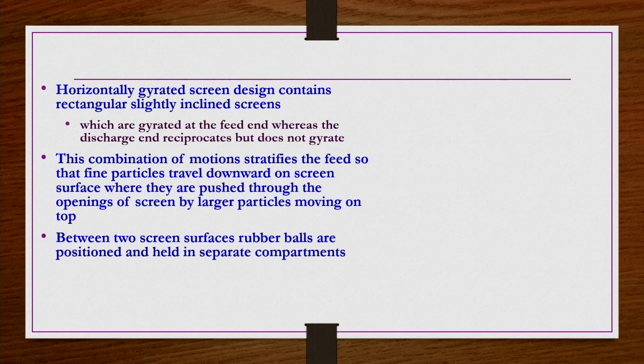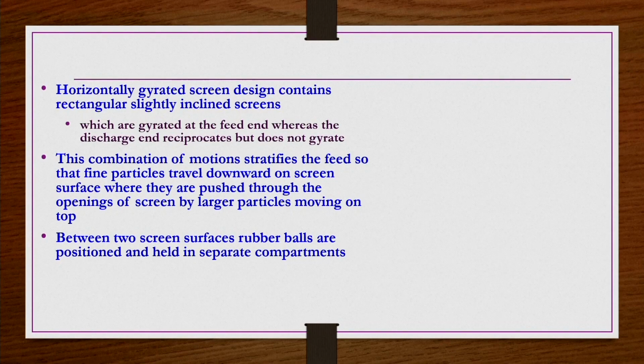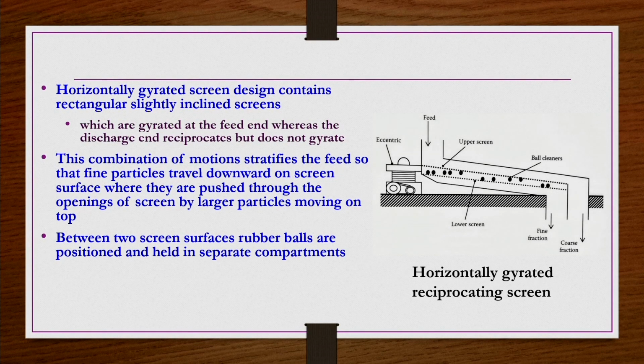And then between the screens we have a number of screens. So, between the screens rubber balls are also provided and held in a separate compartment, so as to avoid any possible clogging. Right. So, here at this end a gyrating motion takes place, and then at this end a reciprocation motion takes place.